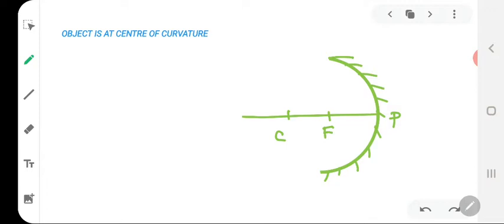Moving over to the third situation, object is at center of curvature. So the object is kept at this position.